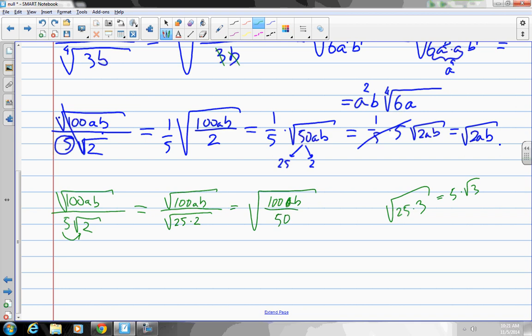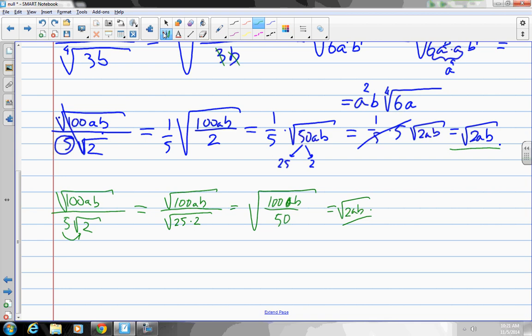If you push that 5 inside the square root, it gets squared. And then you reduce your 100 over 50, you still get the square root of 2ab. So you still have the same answer. If you go from the square root, you take the square root; if you go back in, you have the square root.